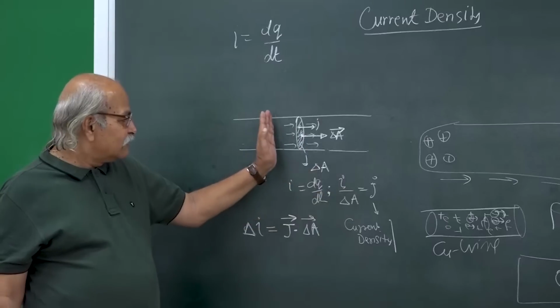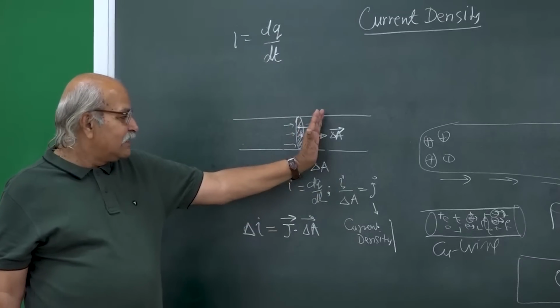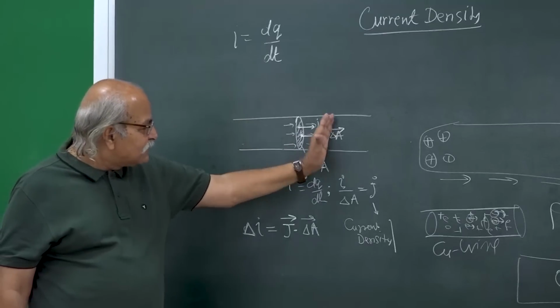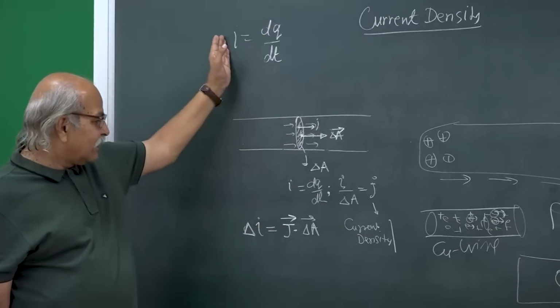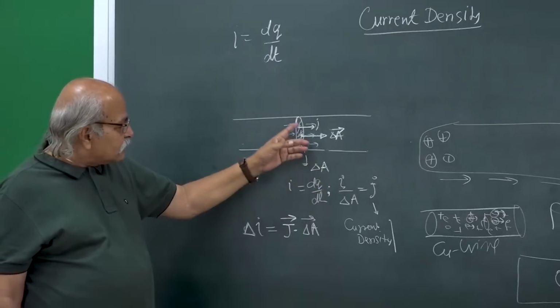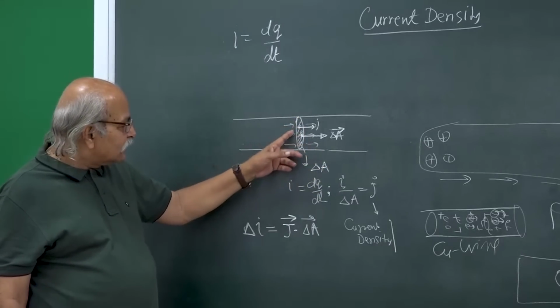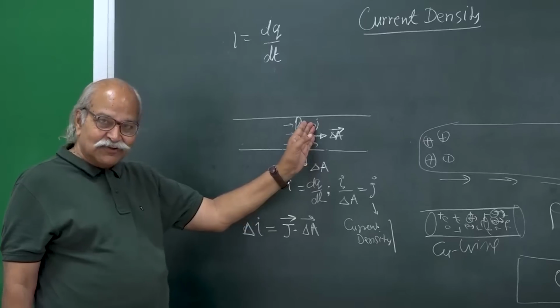I is the current which is going from this side to that side, that means dq charge going in time dt. Then I ask how much is the total current, and how much is the total area through which this current is going.